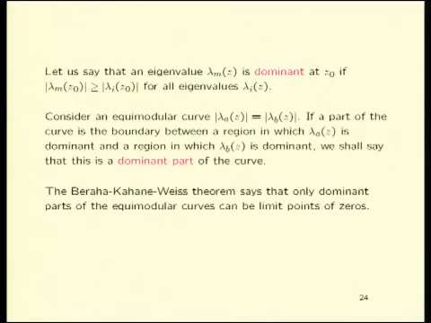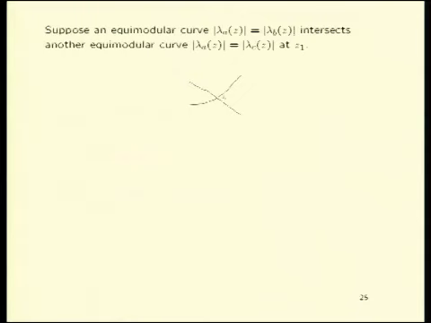But there might be some other eigenvalue which is bigger in modulus than either of the ones that are defined by this curve. The Beraha-Kahane-Weiss theorem says that the only bits of the equimodular curves that we need look at are the ones where the common modulus is dominant.